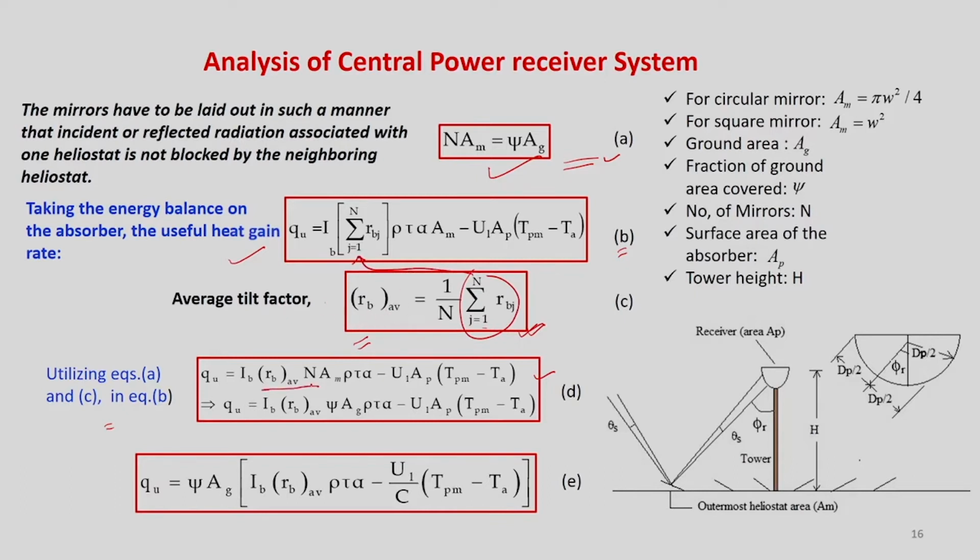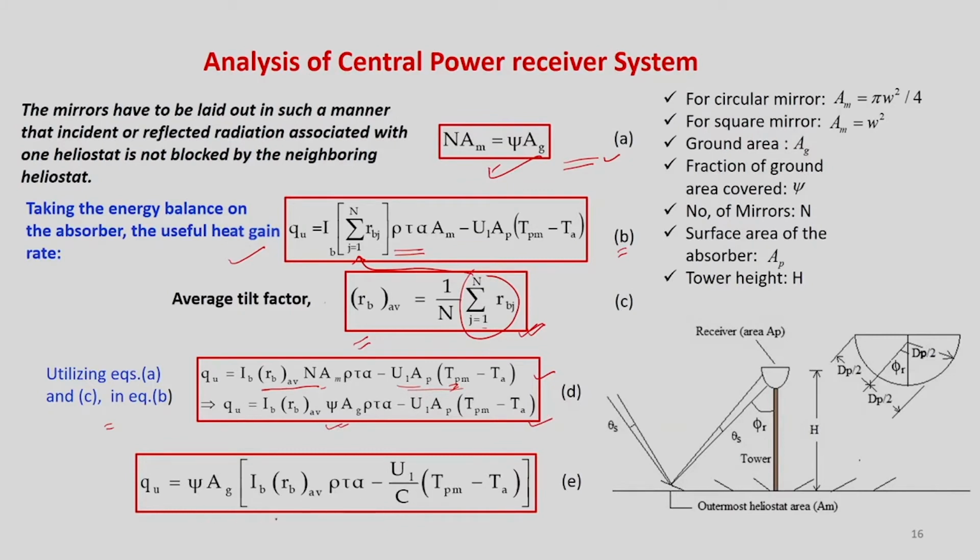And the tau, reflectivity, absorptivity, all the information needs to be accounted for, okay. And then these are the loss factors, and T pm is the mean temperature of the absorber, and we can use this expression. So, n into am is xi into ag. So, we can substitute here and we can modify this expression something like this. Okay.